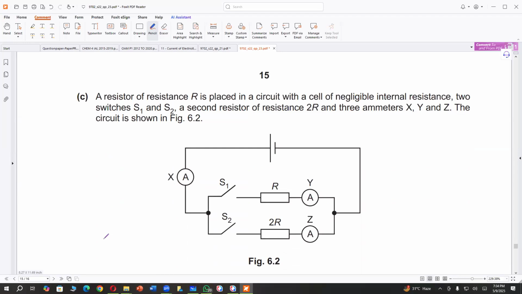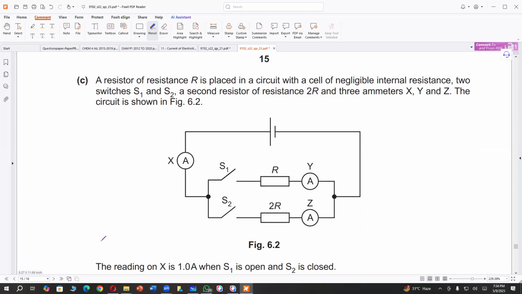A resistor of resistance R is placed in a circuit with a cell of negligible internal resistance, two switches S1 and S2, a second resistor of resistance 2R and 3 ammeters X, Y, and Z. The circuit is shown.